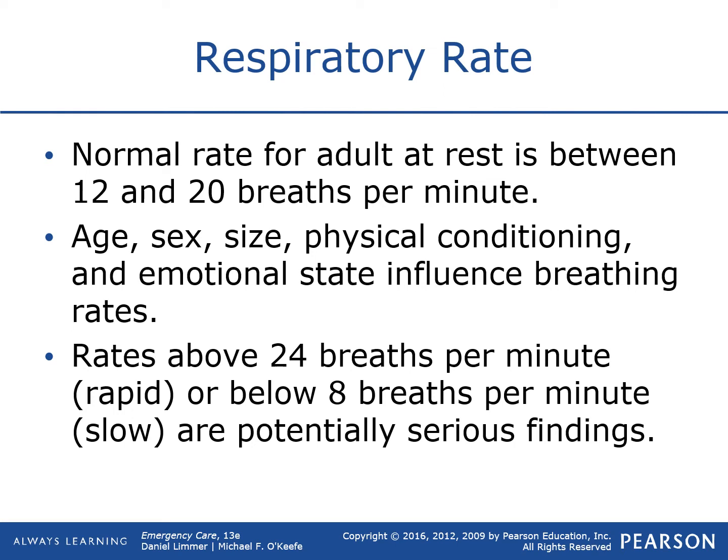Just because someone is breathing 22 times a minute doesn't mean that that's a significant finding. Just because someone's breathing 10 times a minute doesn't mean that's a serious finding either. And then you also really have to look at your patient, just like with your pulse. If the patient just finished exercising, they're probably going to be breathing 30 times a minute. That's okay.